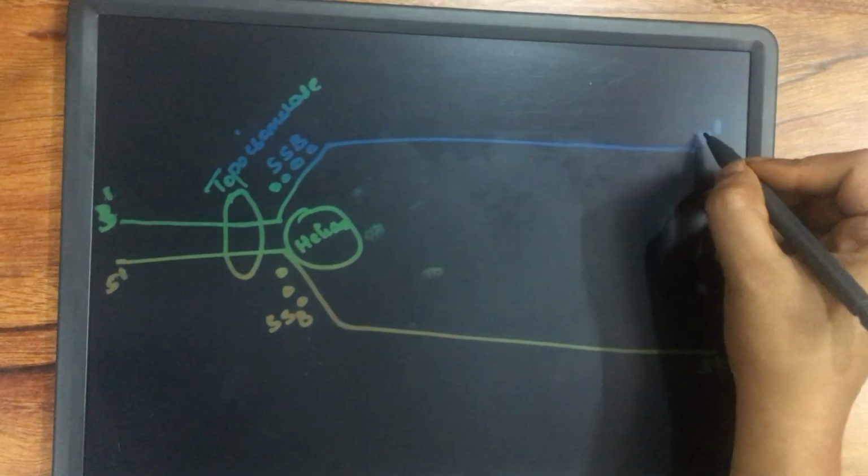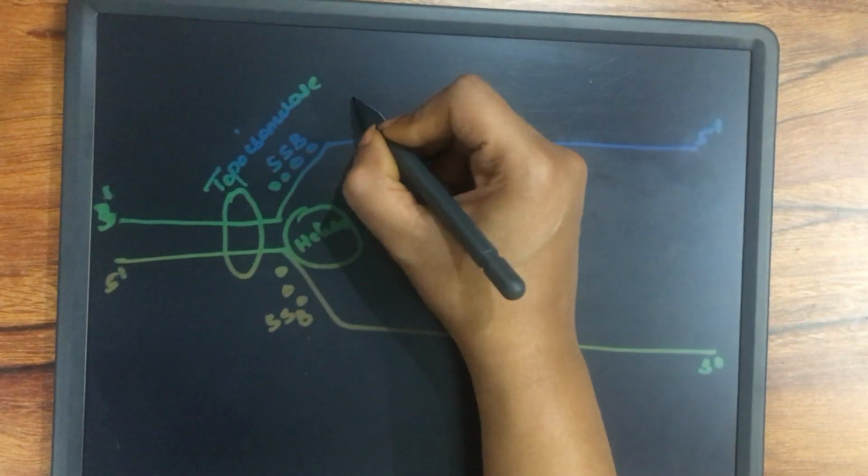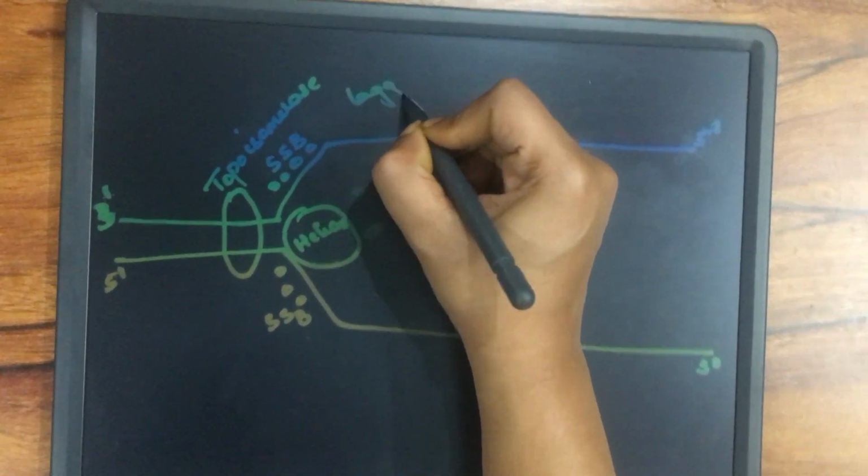Okay, so 5' to 3' is our lagging strand.